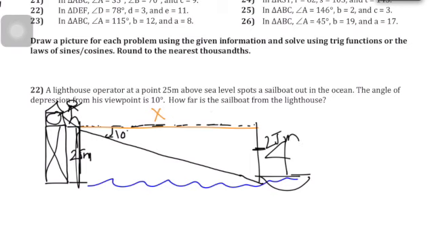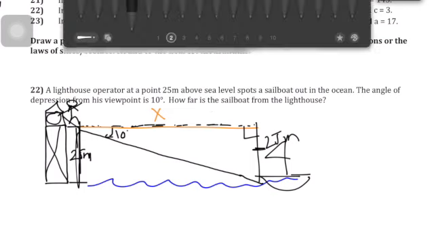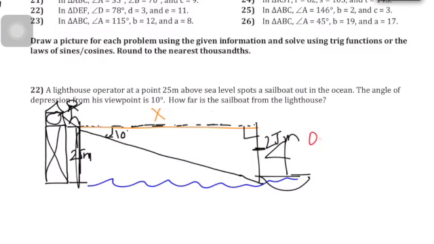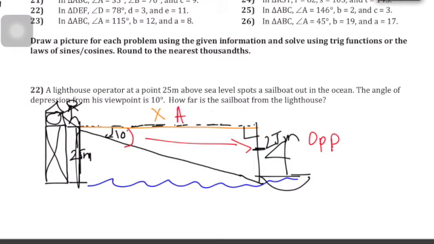So now we have a right triangle. We know that the 25 meters over here is going to be opposite to the 10 degrees. That's opposite. We know that x is going to be the adjacent side, and this is going to be the hypotenuse.